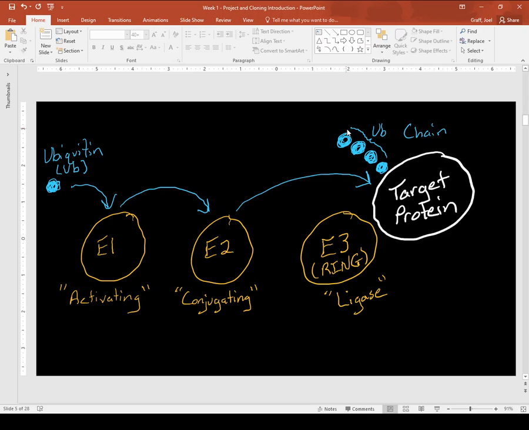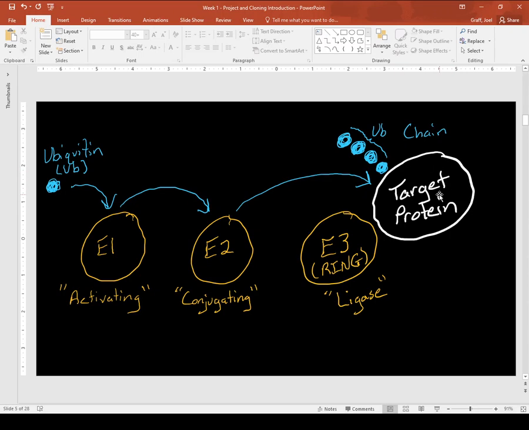But anyway, ubiquitin is actually a small protein rather than just a functional group like phosphate, and these small proteins get added to the target protein. When they're added, they build up a chain of ubiquitins. And if the chain is built properly, it is a signal for this target protein to be degraded.